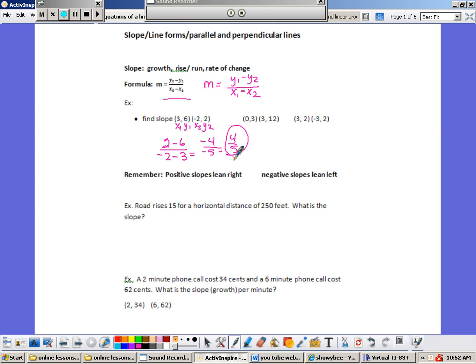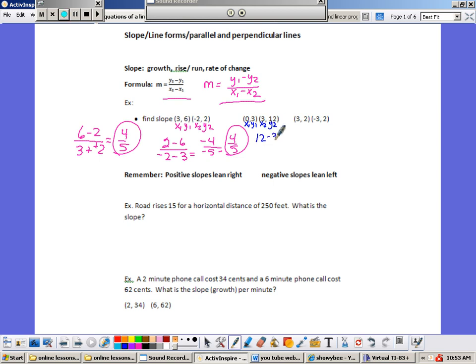If I took this formula, it would be 6 minus 2 over 3 minus negative 2, which gives me 4 over 5. So as you can see, it makes no difference as long as you are consistent. If you change it up, it's not going to work. And make sure you put the y's on the top and the x's on the bottom.